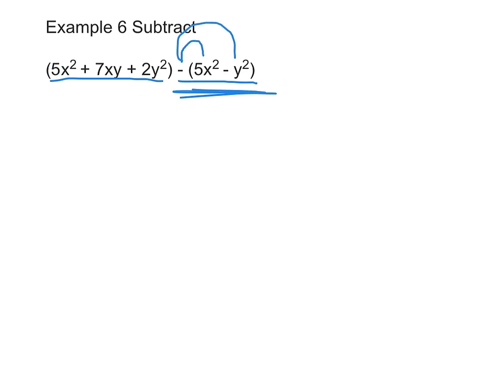So when I distribute that negative through, I'm going to have negative times 5x squared, which is negative 5x squared. Then I have negative times a negative, which is going to be positive y squared. Now, when I distribute this, I really don't need the parentheses anymore. Notice all that happens to the second polynomial is the signs change. And this first one, I'm just going to bring straight down.